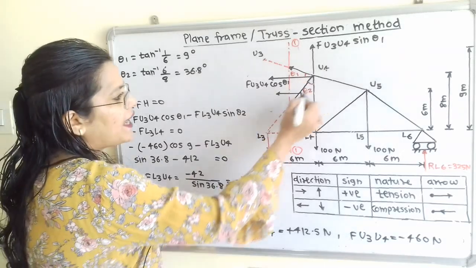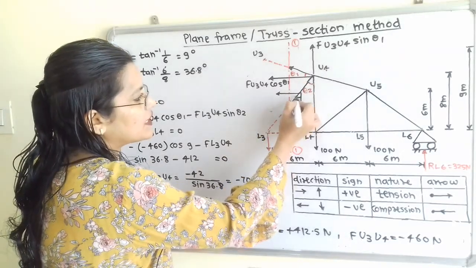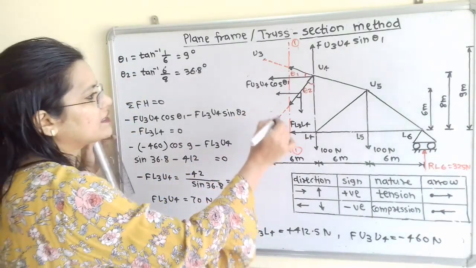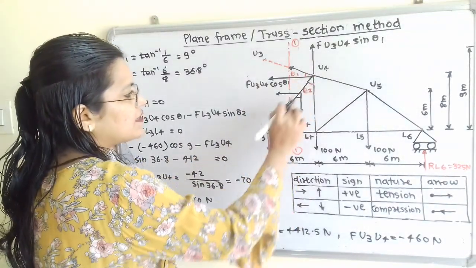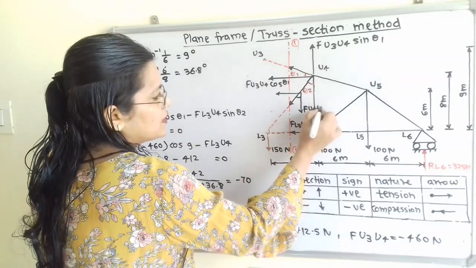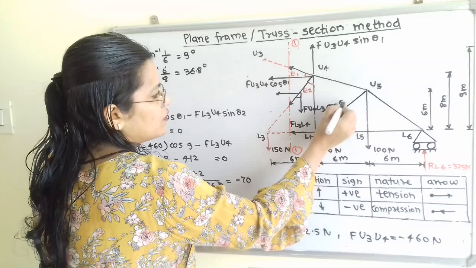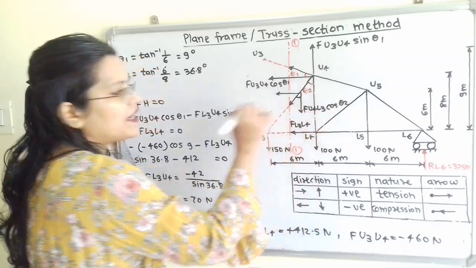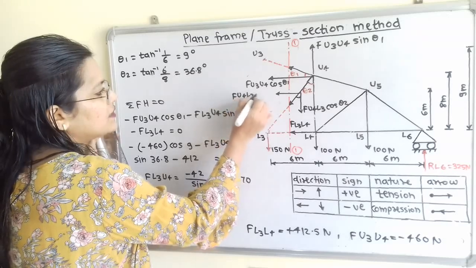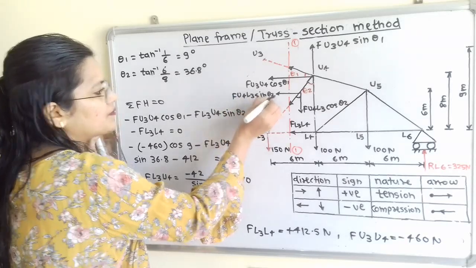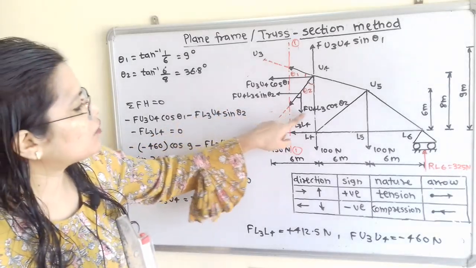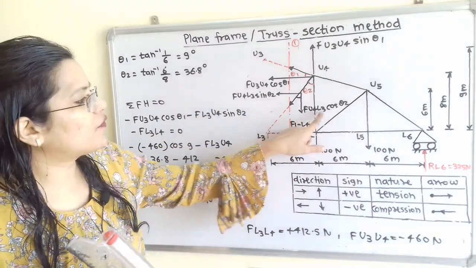So it is making angle theta 2 with vertical line. So with vertical component we have to show that it is Fu4L3 cos of theta 2, because it is nearby to angle theta 2, and here Fu4L3 sine of theta 2. So we have to find out this unknown force Fu4L3.